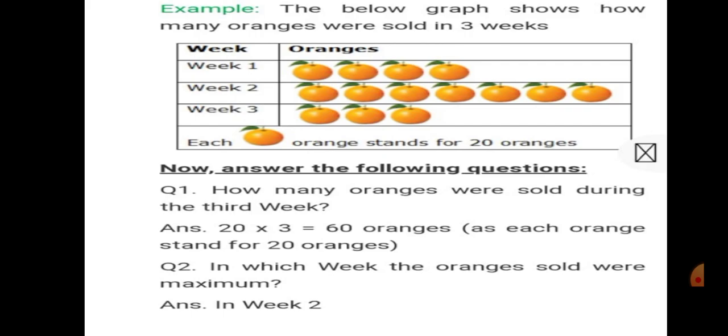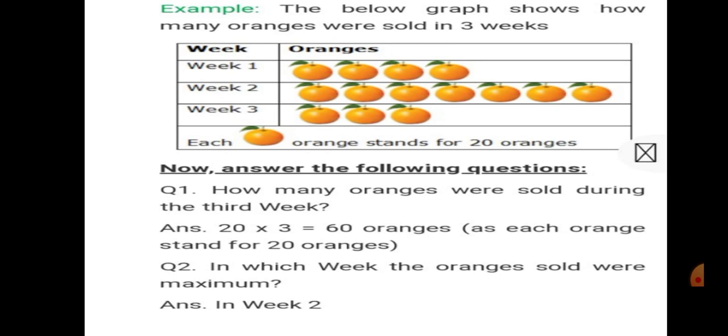Example: the below graph shows how many oranges were sold in 3 weeks. Here 3 weeks are given and the number of oranges sold. One more important thing is given under this information: each orange stands for 20 oranges. It means one orange represents 20 oranges.